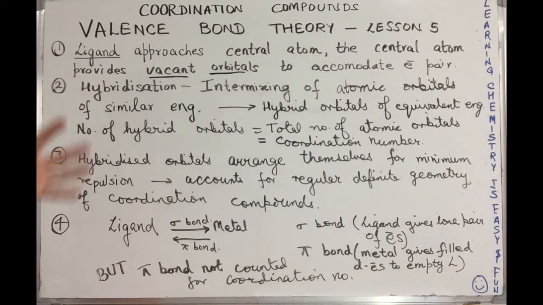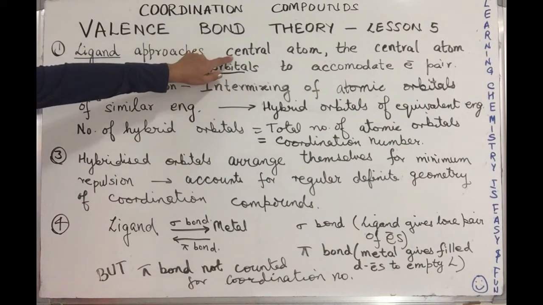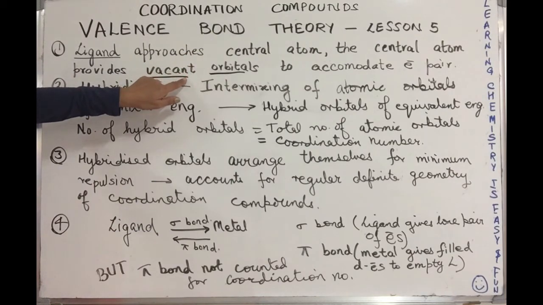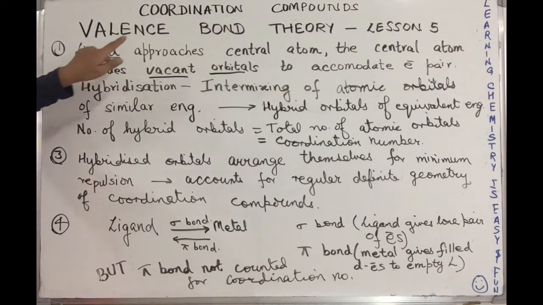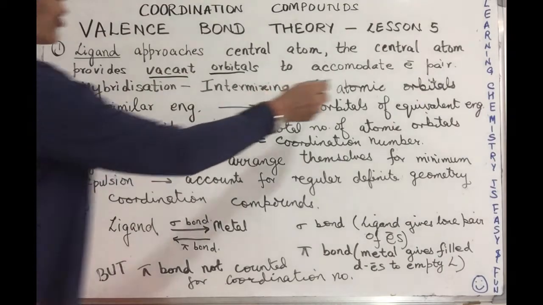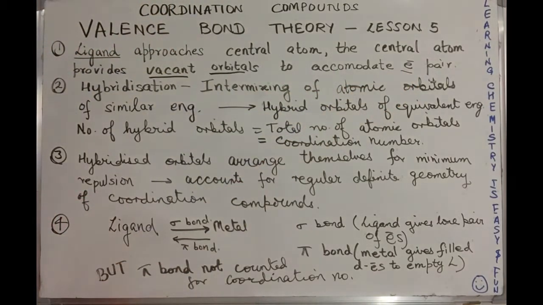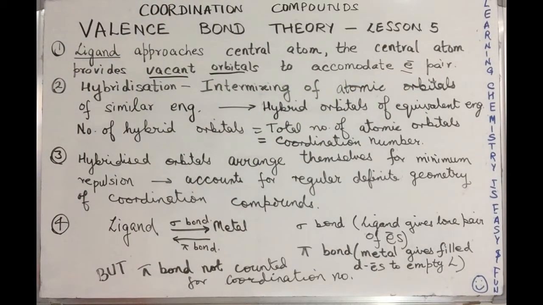You make some space available for the guest in order to make that guest feel comfortable, right? So the same thing, the central atom provides vacant orbitals into which the ligand can lodge the electron pair that it is going to donate or form a coordinate bond with, right?